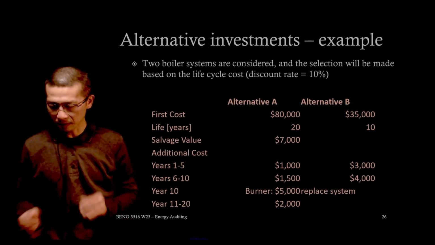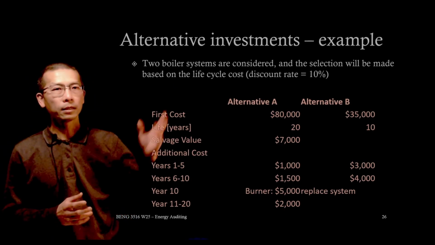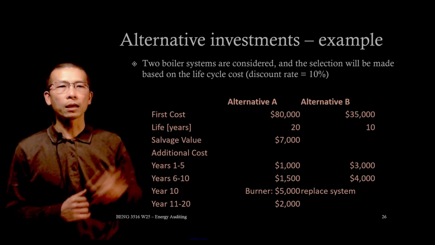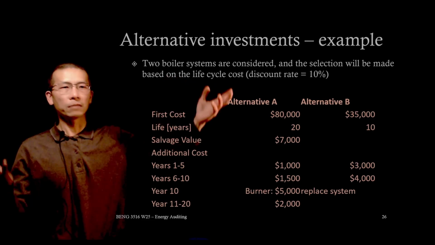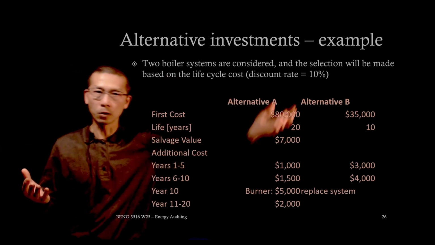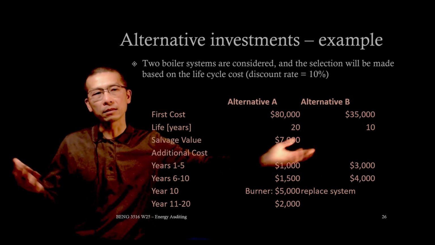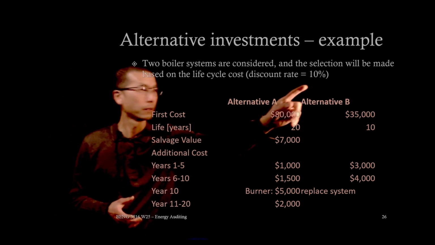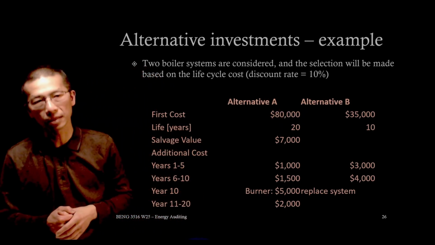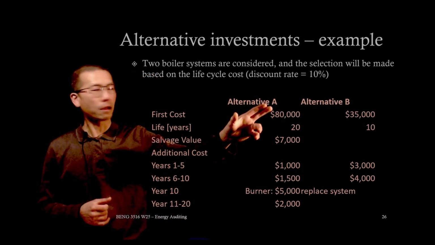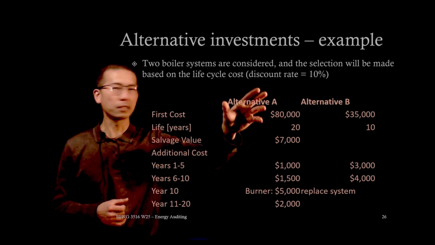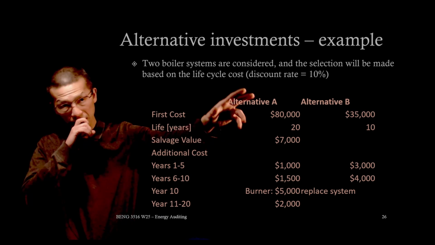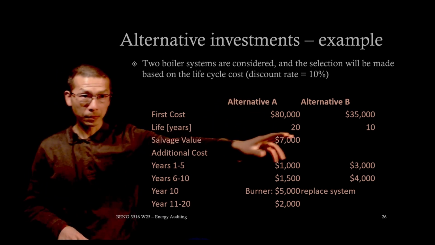On the last slide, we have this alternative investment example. Two boiler systems, system A or system B. The selection will be made based on the life cycle cost analysis with a discount rate of 10%. The first cost is 80,000 for system A, 35,000 for system B. System A can last for 20 years and B for 10 years.